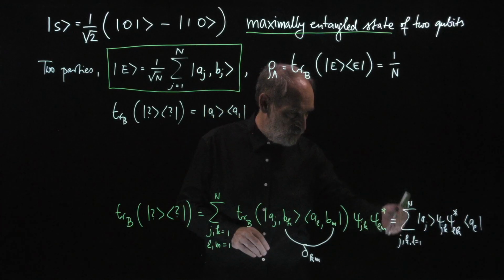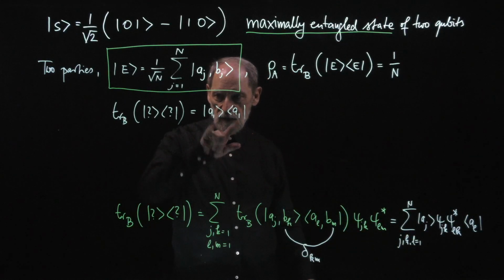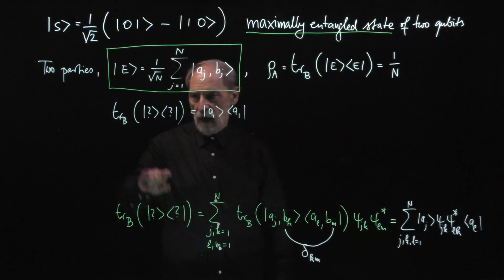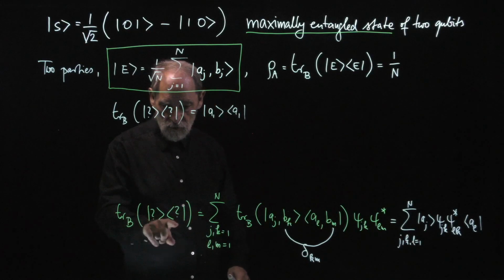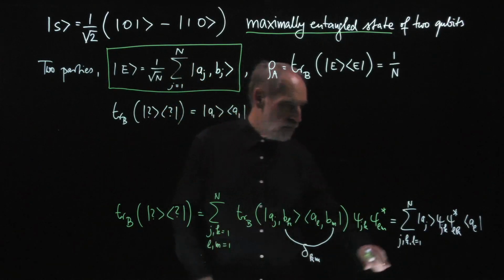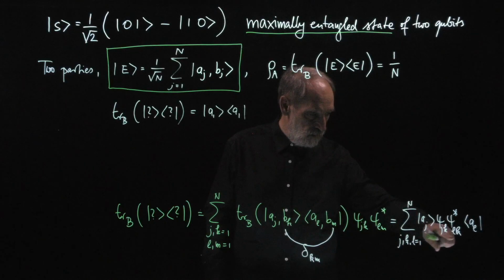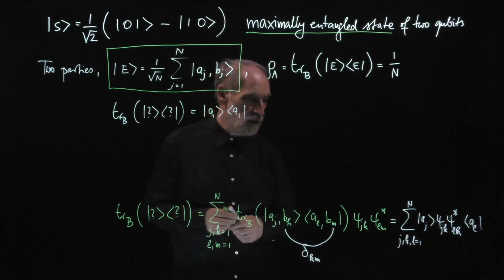This is the general expression, and we want to reconcile it with this outcome that we want to have for the tracing. So here we begin with a general state that we just label by the question mark, and it's specified by deciding on the values of these coefficients psi_jk.